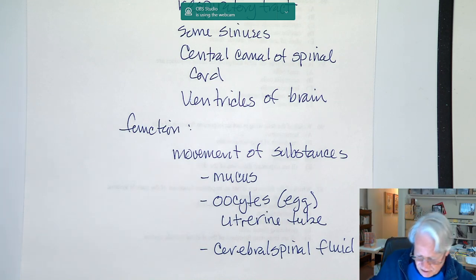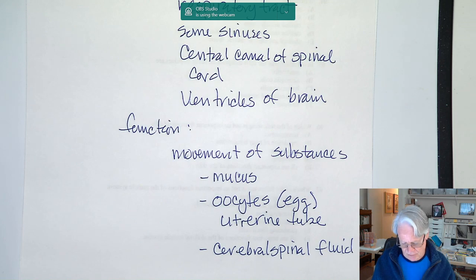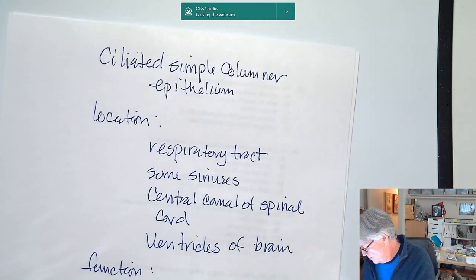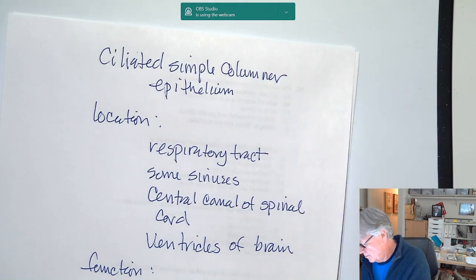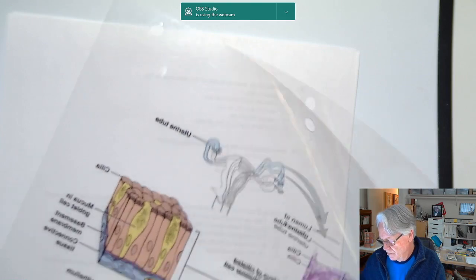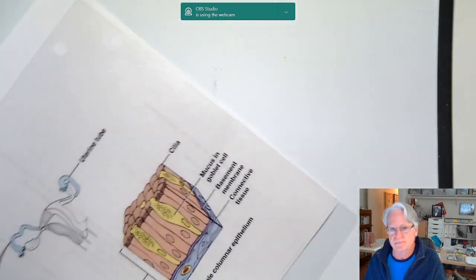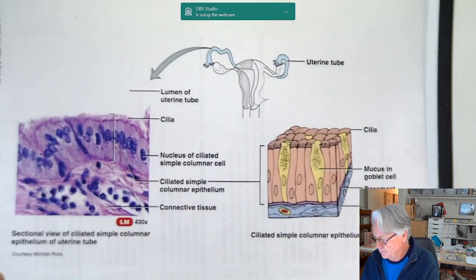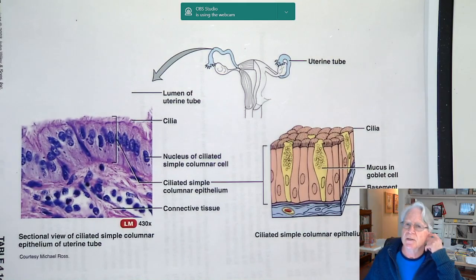Alrighty, let's take a look at an example then of this type of tissue. And they are using the uterine tube.